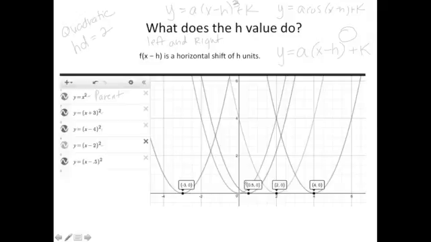It's your basic function, and I'll put that in the form that you're accustomed to seeing it, which is y equals 1(x minus 0) squared plus 0. So you can see that the a value is 1, the h value is 0, and the k value is 0.